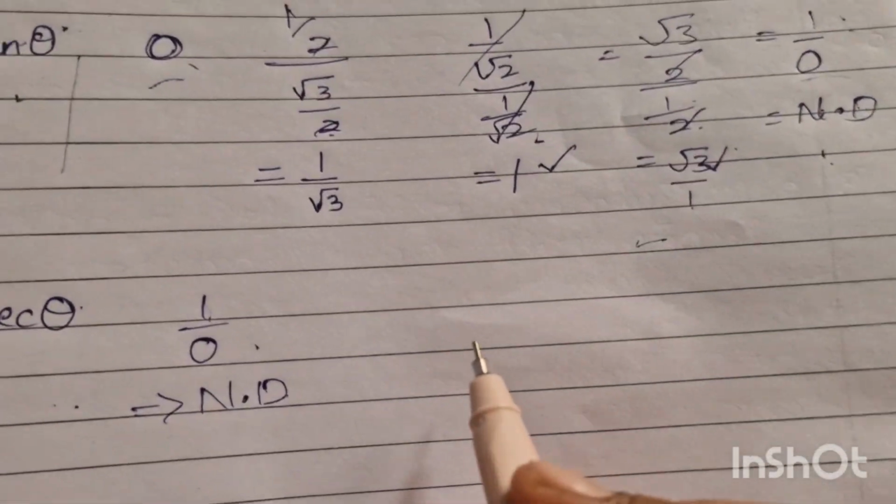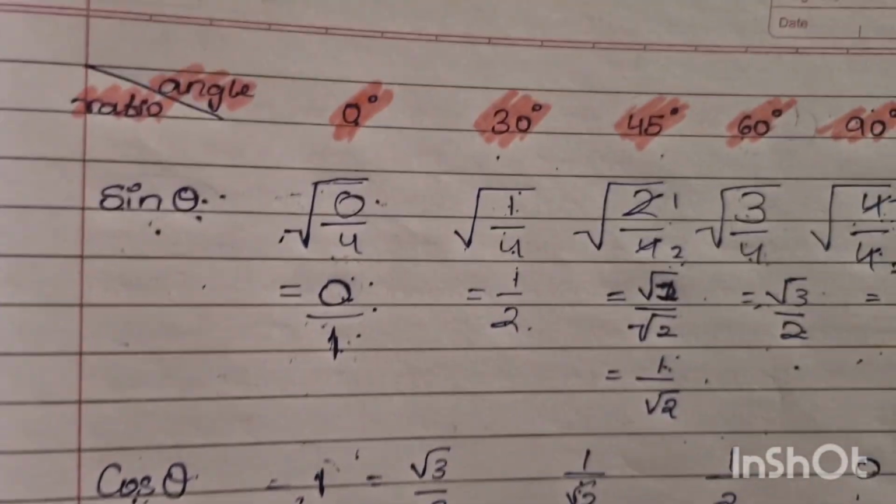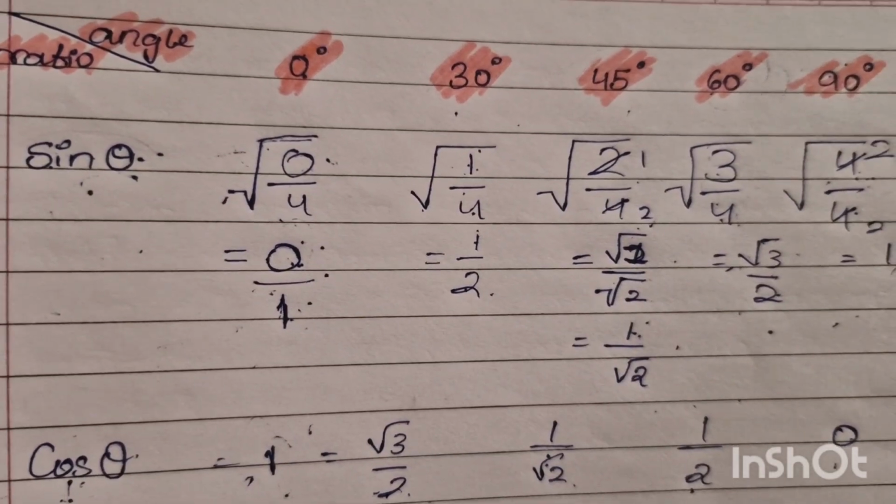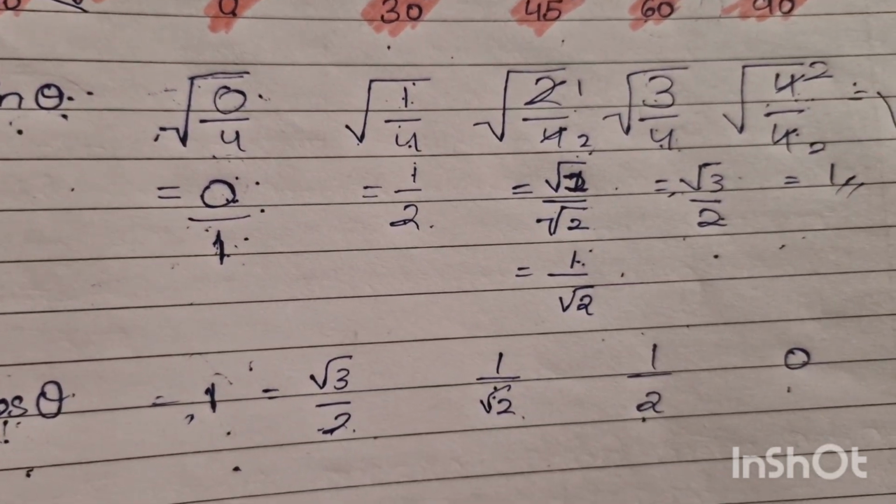Cosecant 30 is the reciprocal of sine 30.